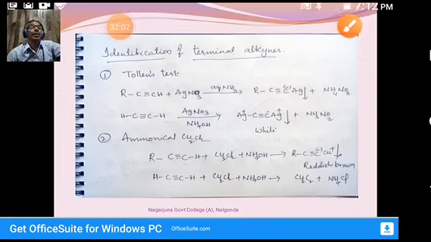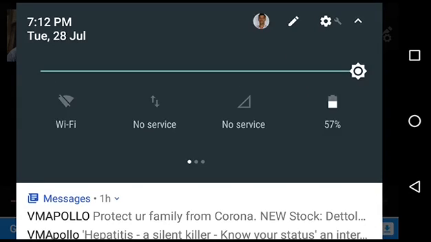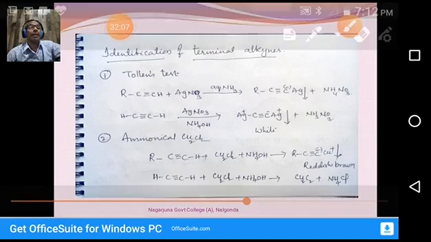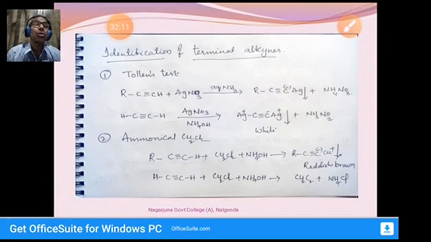Okay, that's why it is called copper acetylide. So one thing is clear: we can identify our terminal alkynes with these two reagents. One is Tollens test, in which it forms a white precipitate.